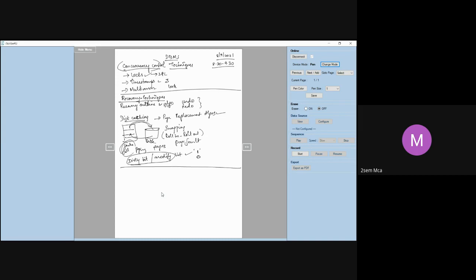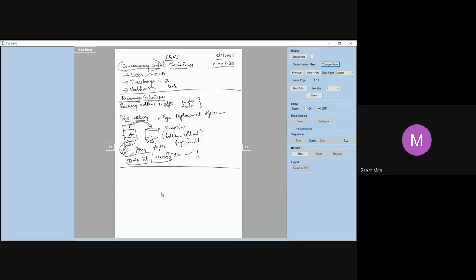We cannot see both of them as two separate entities, so we'll have to overlap certain concepts of DBMS and OS when it comes to recovery techniques, right? Because OS plays a very major role in resource management, the efficient usage of all the resources of a system.